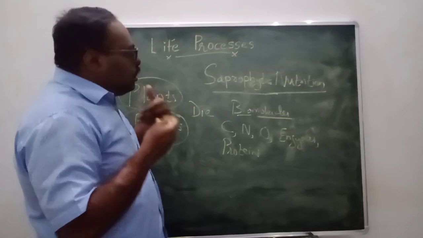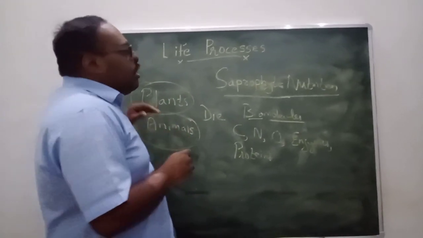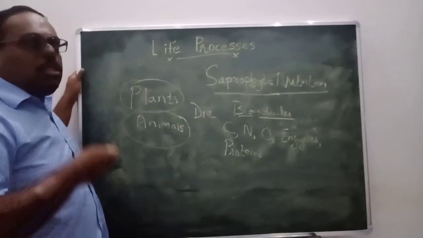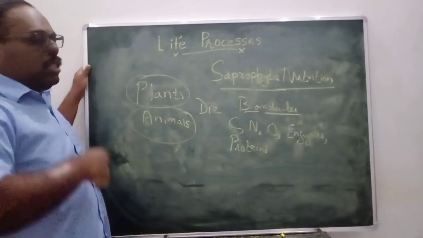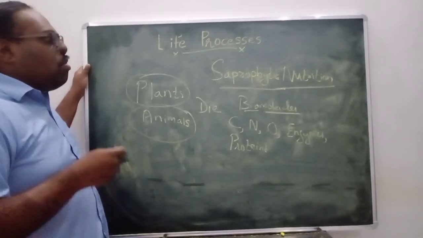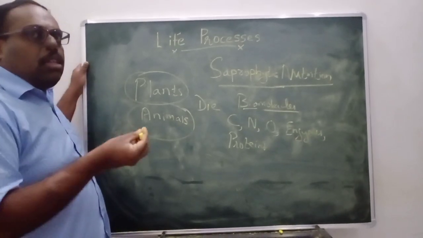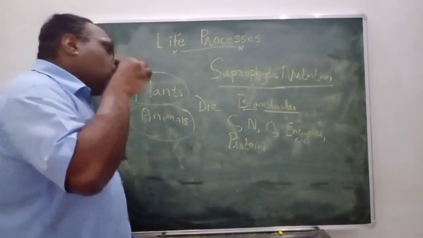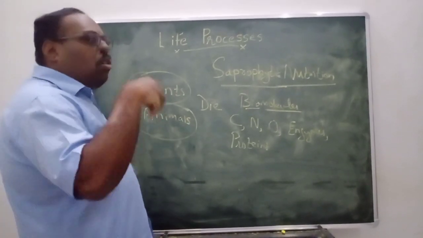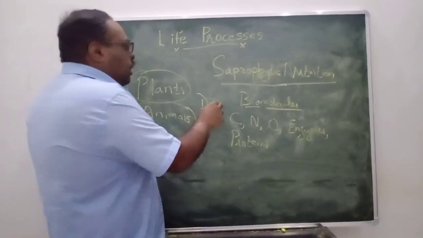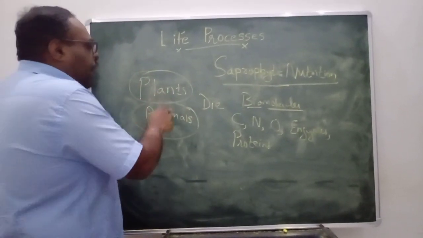And whatever these biomolecules, whatever things are present in our body, in the cyclic process that runs inside our universe, nothing will go to waste. So finally, what will happen? There will be some microorganisms, some organisms which have the capacity to feed on these dead bodies or dead remains of plants and animals.